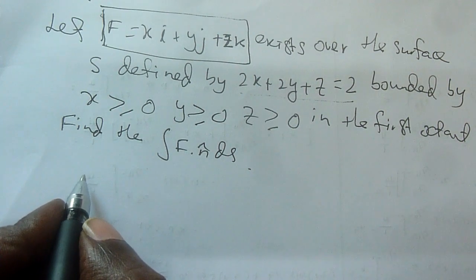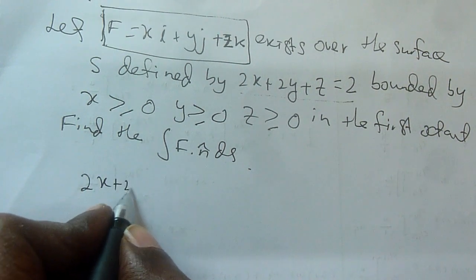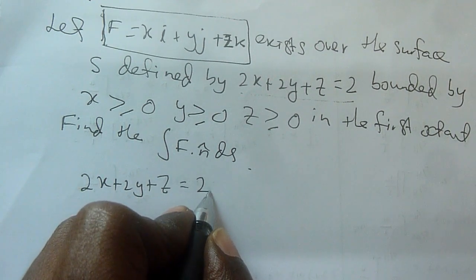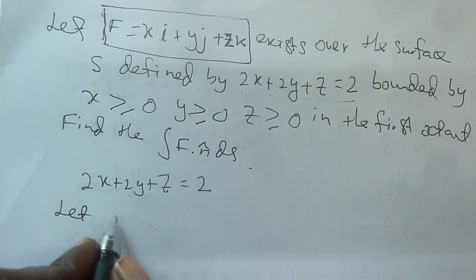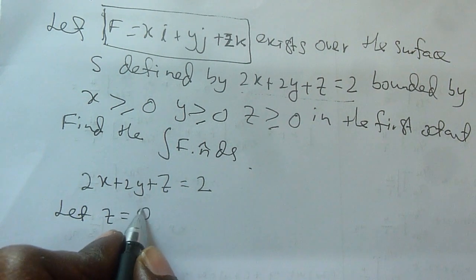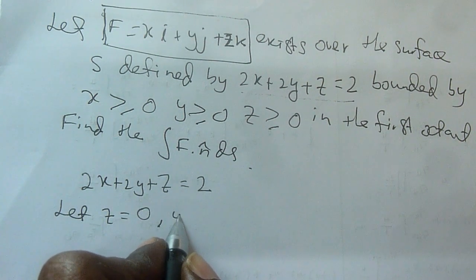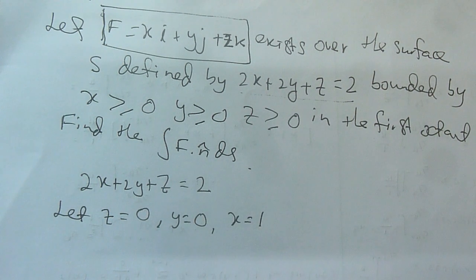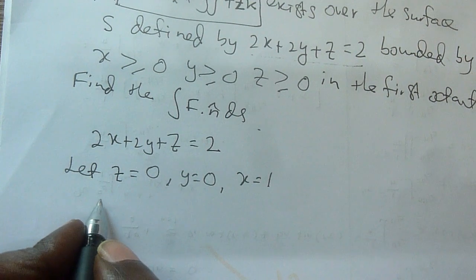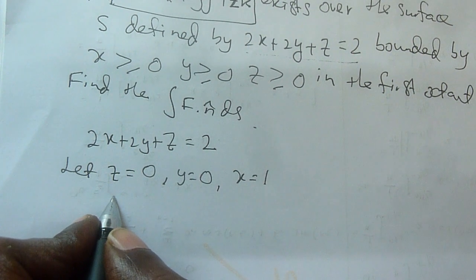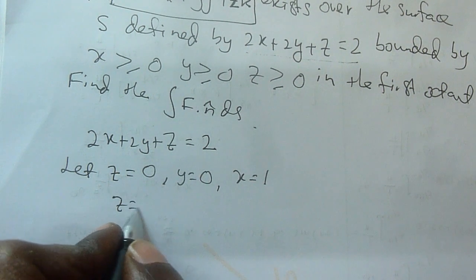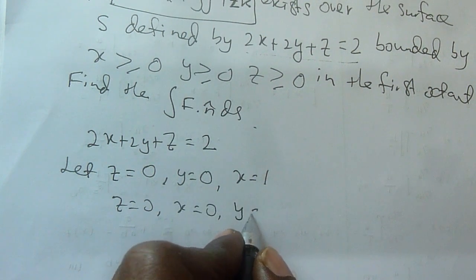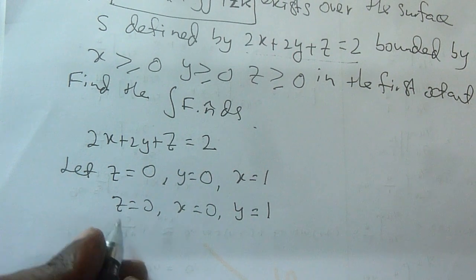First, look at this: 2x plus 2y plus z equals 2. Let z be 0 and y be 0, therefore x equals 1. Let z be 0 and x be 0, y equals 1.